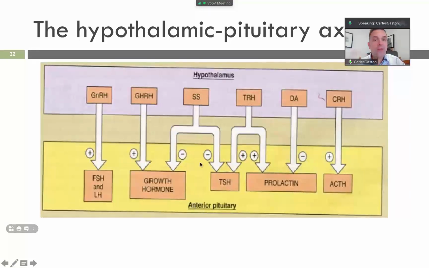Remember that the hypothalamus is not in contact with the anterior pituitary gland, but these releasing hormones are secreted into the portal vessels, and these are the ones that will contact the pituitary gland to activate certain hormones and certain cell types in the anterior pituitary. We will cover each one individually, and we will cover the function of each one.